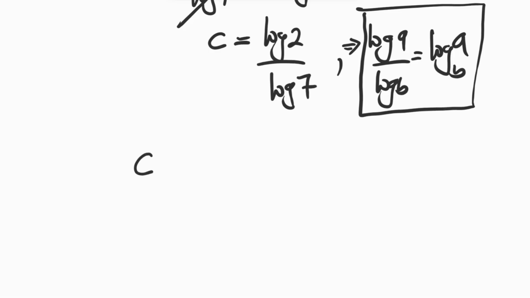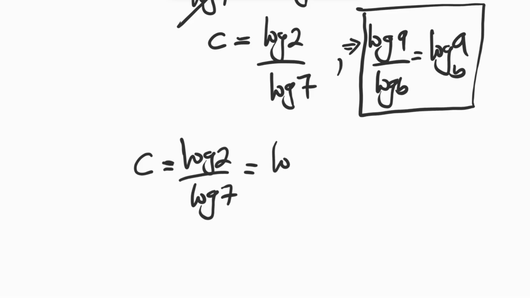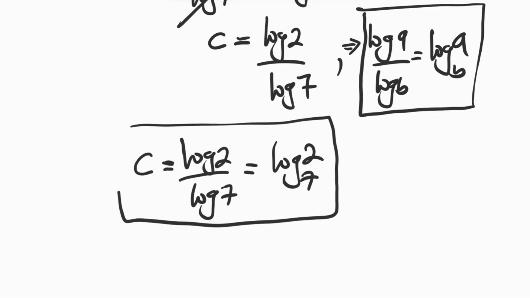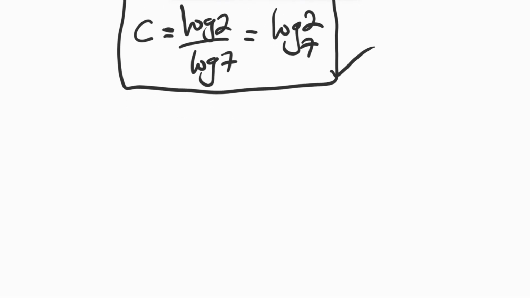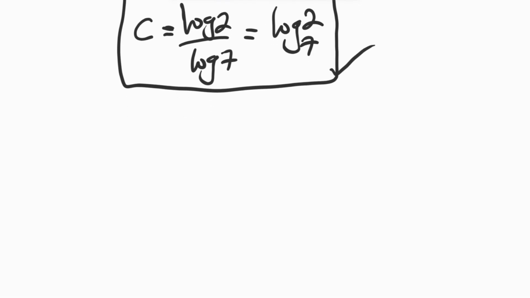Our c, which is equal to log 2 divided by log 7, is now equal to log 2 base 7. And this is the final answer of our c. Now, let's check to see if our answer is correct.